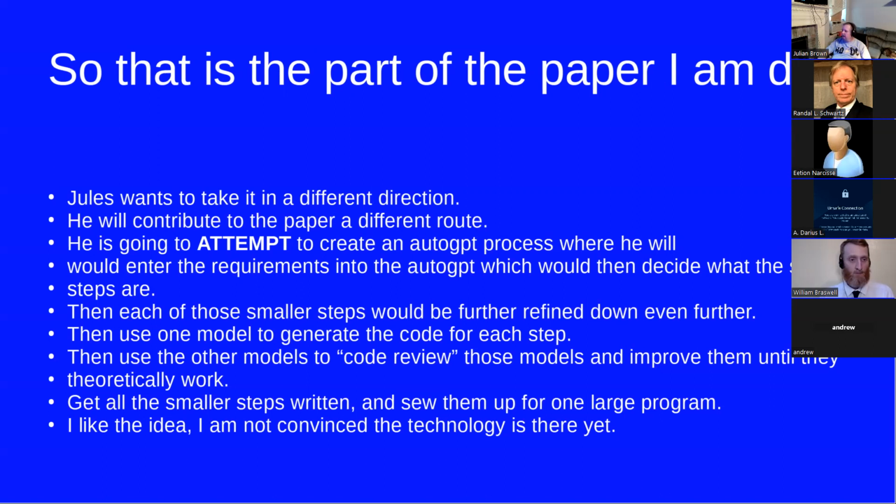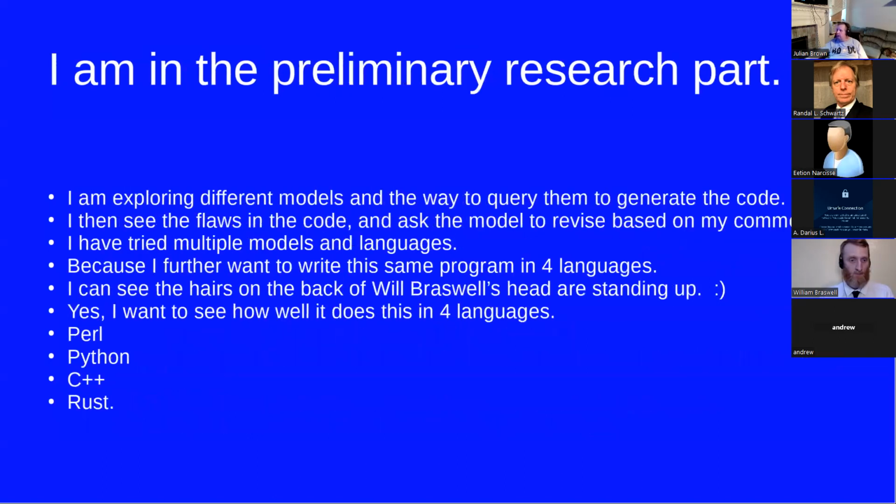And he wants it to be in almost completely automated mode. Like I said, I don't think the technology's there yet. It may eventually be there, but it's not quite there in my opinion. And again, that's my opinion.